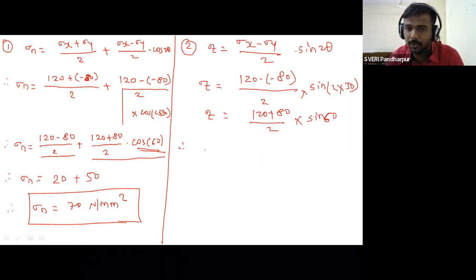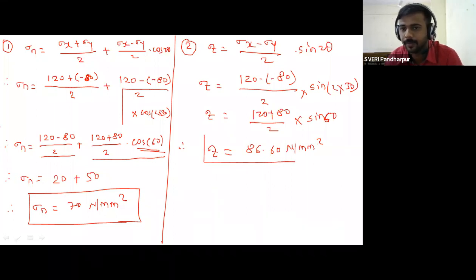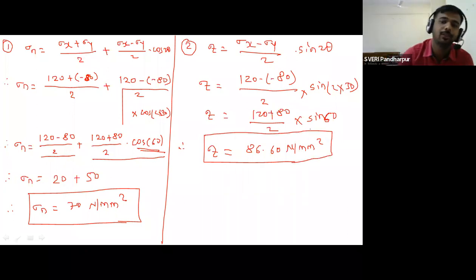So what is the sigma t value? 86.60 Newton per mm square. We check your answer: sigma t is equal to 86.60 Newton per mm square.